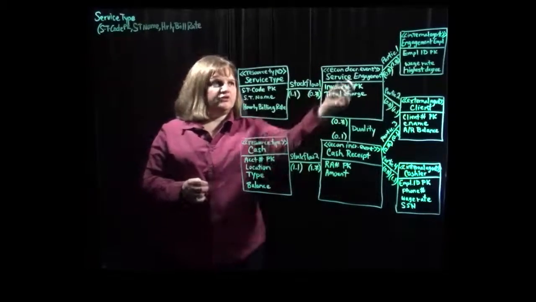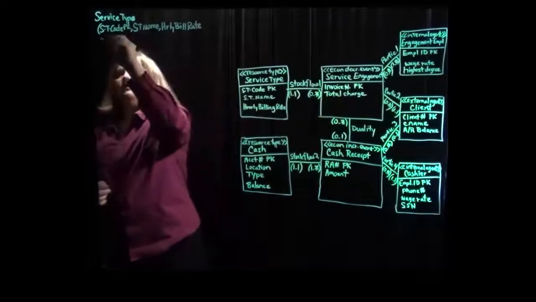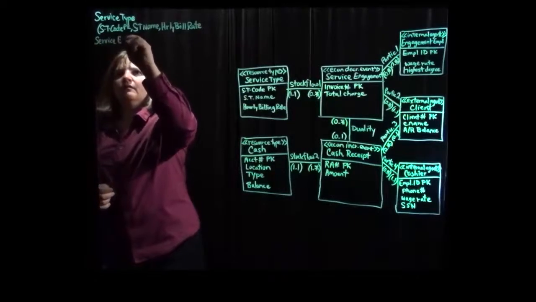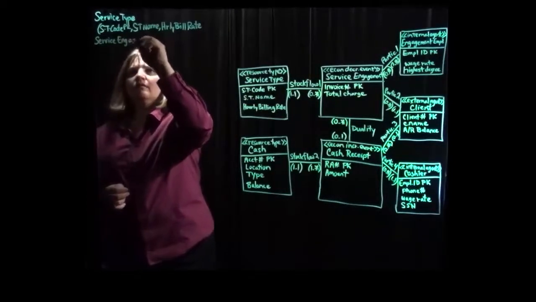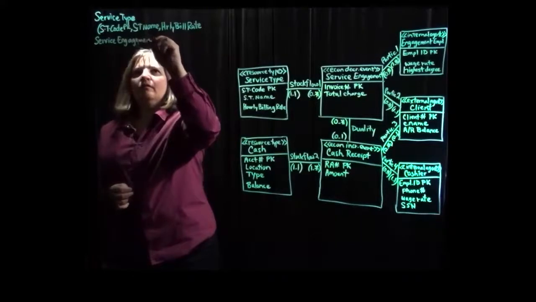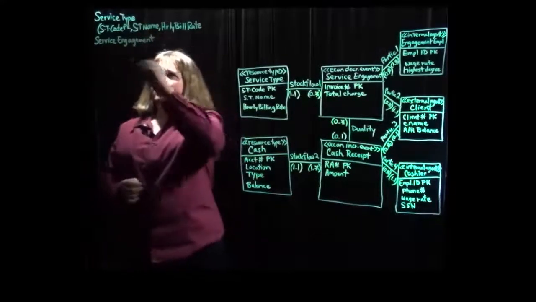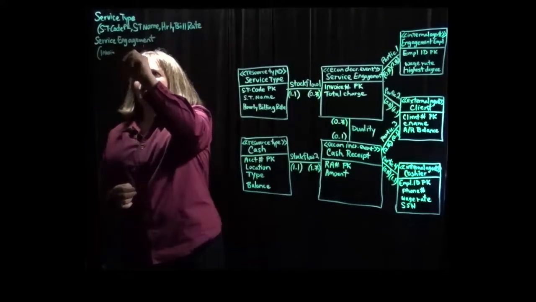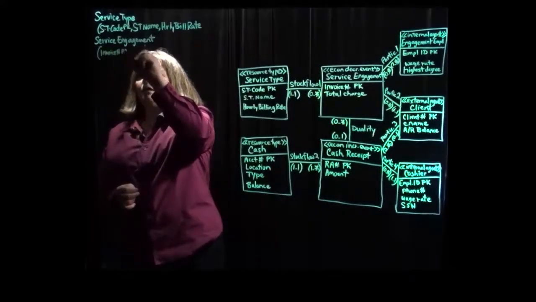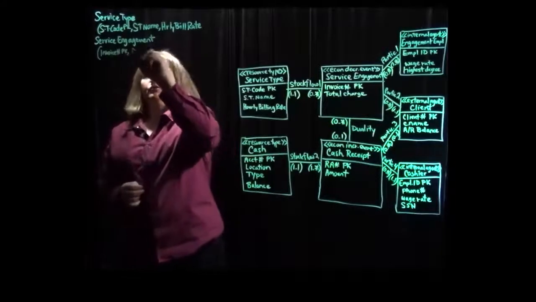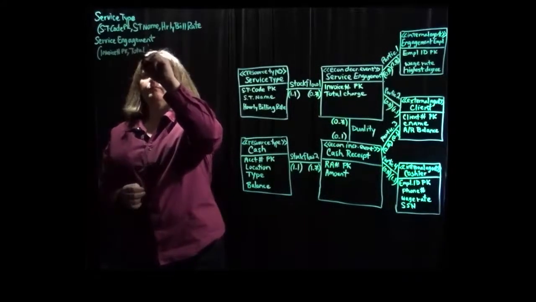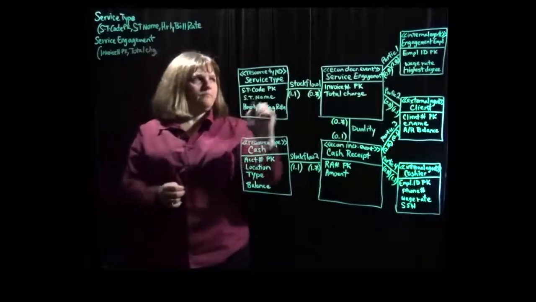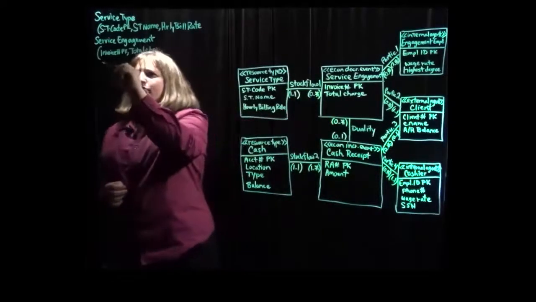Then we'll look at our service engagement class and make that a table. That will have the invoice number as the primary key. And it will also have the total charge. We then add our engagement employee.